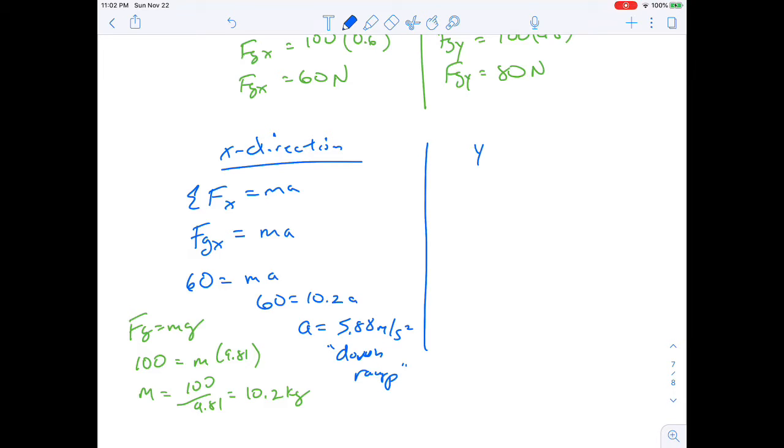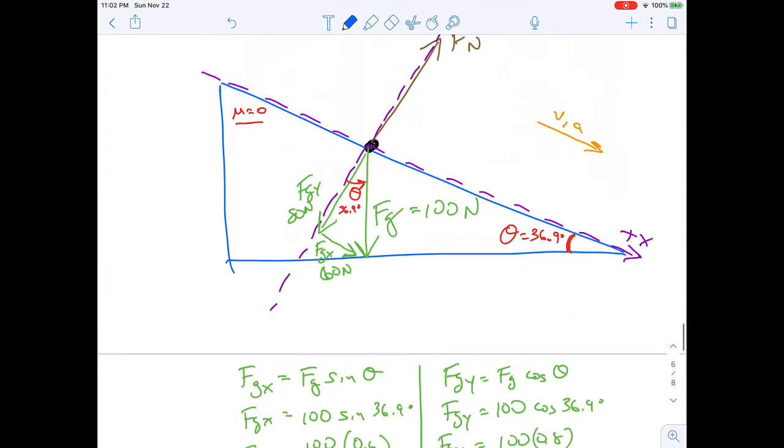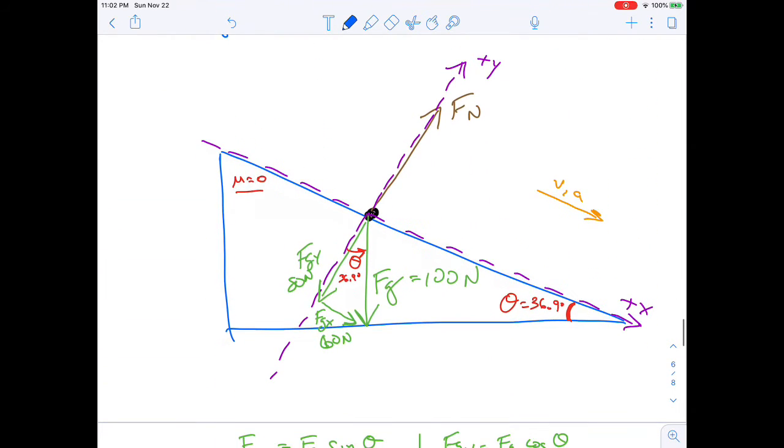Now, what we didn't use, and we didn't need to use, but I'm going to go over anyway, is the y direction, because if we were to have friction, we would need the y direction. Why is that? Well, in the y direction, because we have the axes tilted, we are actually not moving in the y direction, right?